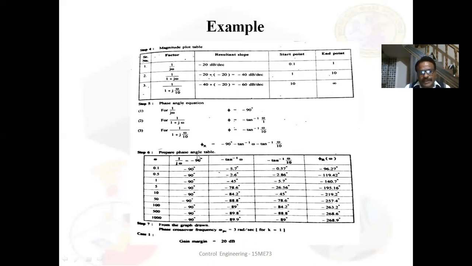Then prepare a phase angle table. Select the omega values. For 1 by j omega, this will always be minus 90 degrees.